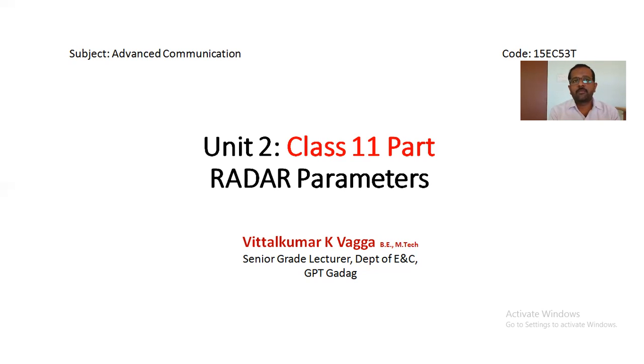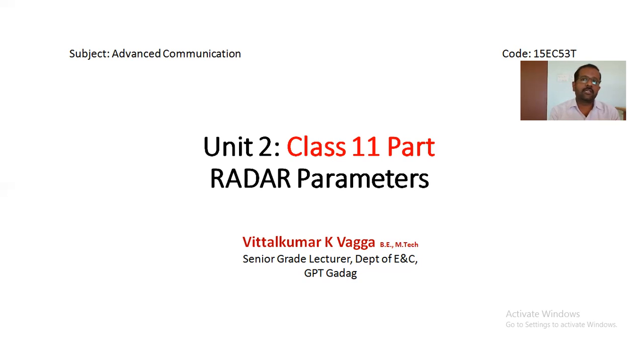If you take the block diagram of the radar, it mainly consists of the transmitter, followed by the duplexer, followed by the radar antenna, and it also consists of the receiver and the indicator.